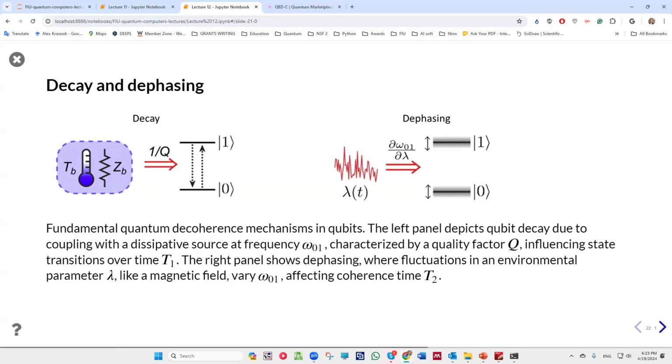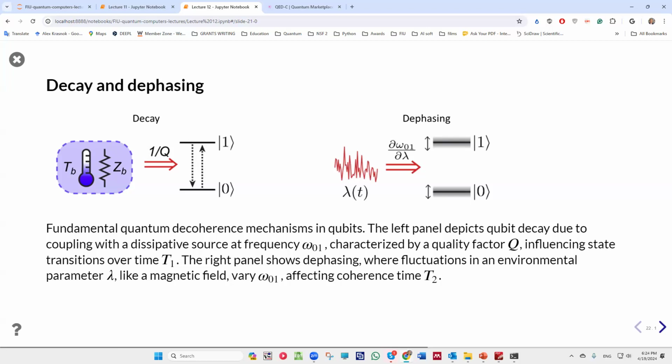All these processes and a number of others, I don't have to discuss all of them, lead to two different effects: decay and dephasing. We discussed decay and dephasing at lecture number 4, I believe, so I encourage you to read more about this. Long story short, if we excite a qubit to the state 1, eventually it will decay to the state 0.